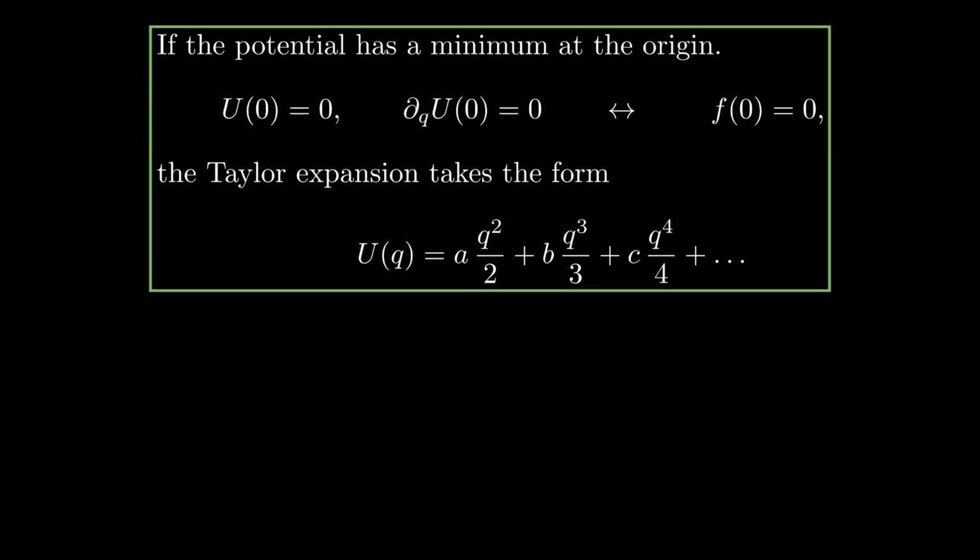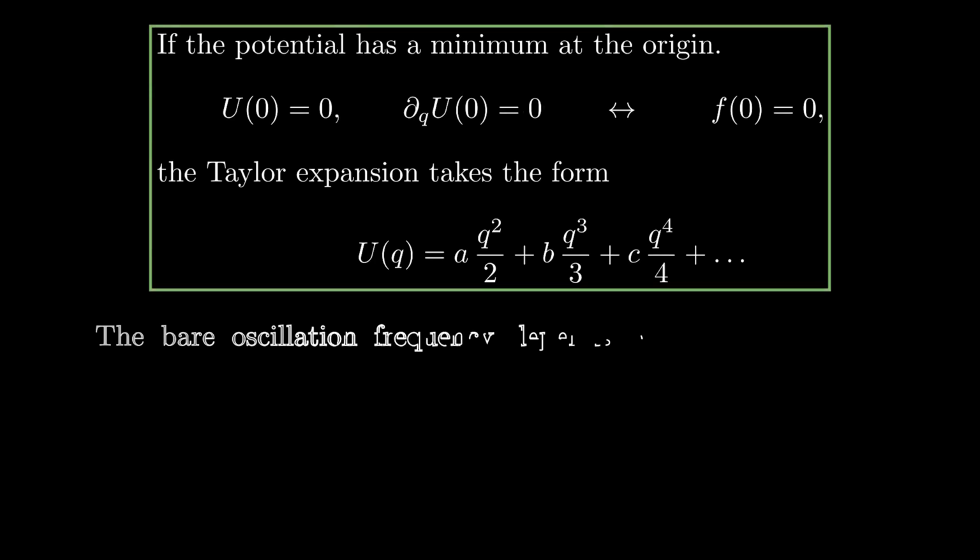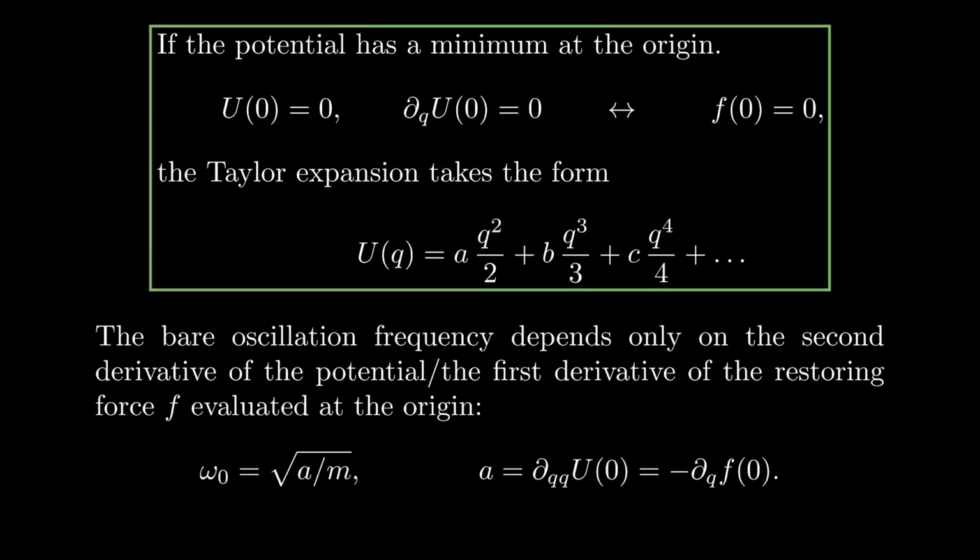If the potential energy has a minimum at the origin, its Taylor expansion begins with a quadratic term. The bare oscillation frequency, the analog of our bare Betatron tune, then depends only on the second derivative of the potential, or equivalently the first derivative of the restoring force F, each evaluated at the origin.